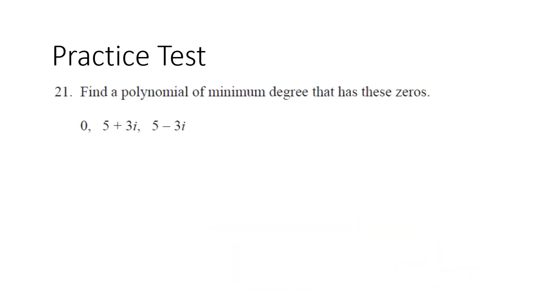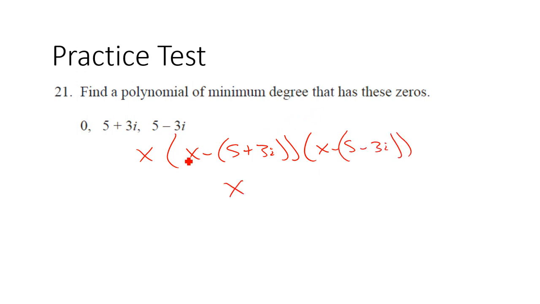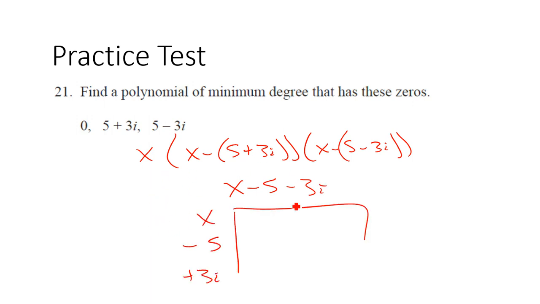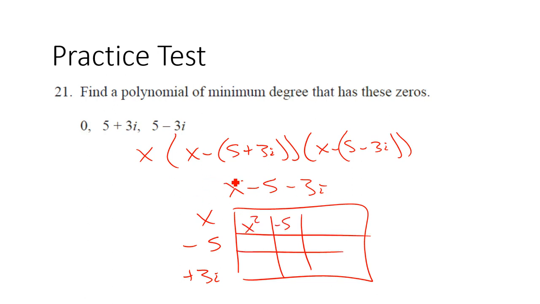We're going to have x minus 4, and we're going to have x squared minus 10x plus 34. All right, 21, we're going to have x times x minus 5 plus 3i, and x minus 5 minus 3i. Do the box method: x minus 5 minus 3i, x minus 5 plus 3i. x squared, negative 5x, negative 5x, 25, cancel, cancel, cancel, cancel, and we're going to have negative 9i squared, so that's positive 9.